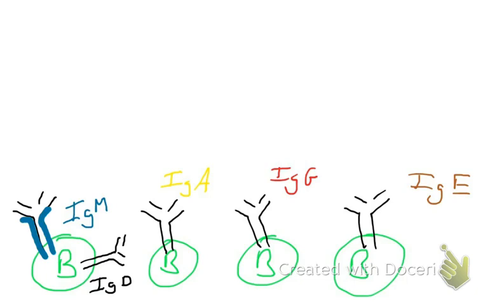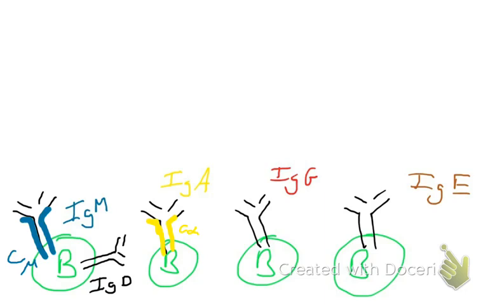For example, IgM. I just highlighted the constant region of the heavy chain protein. The protein information in IgM, in that constant region, actually comes from a piece of DNA called constant mu. We're using the Greek letter mu. This region of the IgM heavy chain protein is different than the other ones.